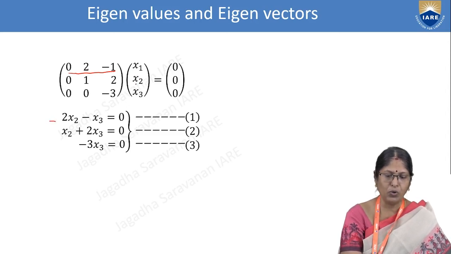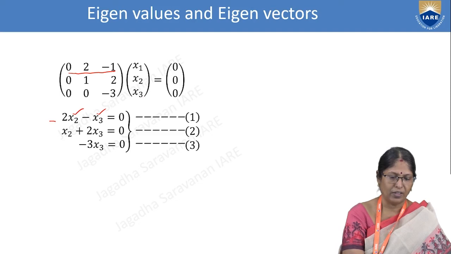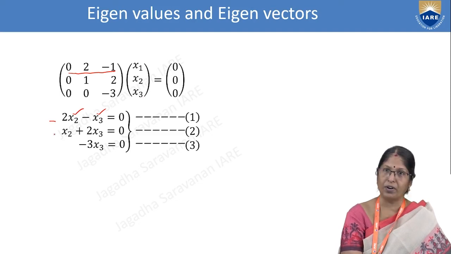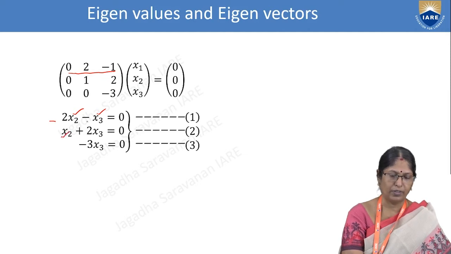Next, 2 into x2, 2x2, minus 1 into x3, minus x3. Next, 0 into x1 is not written, 1 into x2, 2 into x3. Next, minus 3 into x3.